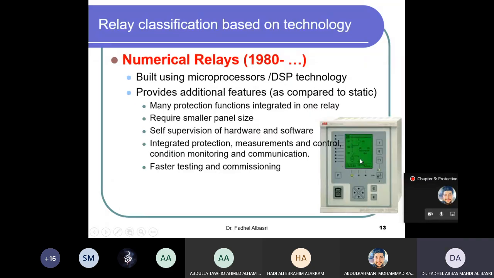While this one can check itself, if something is wrong with the memory, it will give you a warning that you come and check me. So it has self-supervision features, so that will improve its reliability.